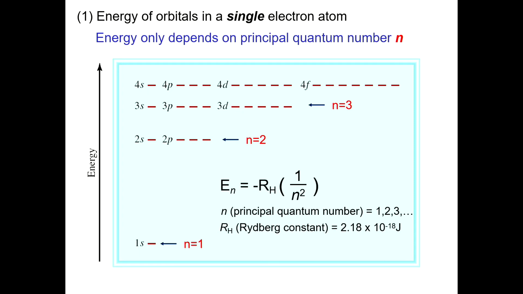And if n is 4, it can be s, p, d, f. Now we can say each electron has energy. How do we determine their energy? We can use this equation, called the Rydberg equation.